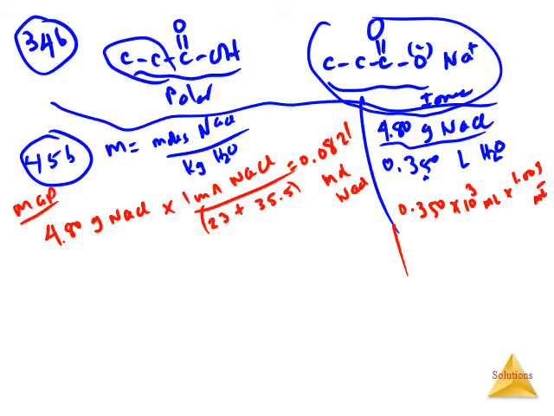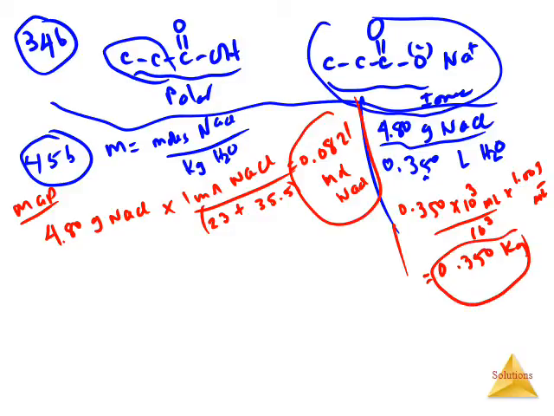So that gives me grams, and then I'm going to divide by 1,000. I don't have any space here to get kilograms. So first you get grams, then divide by 1,000 to get kilograms. So this gives me 0.350 kilogram, and these are the figures I need. I need this figure to get molality.